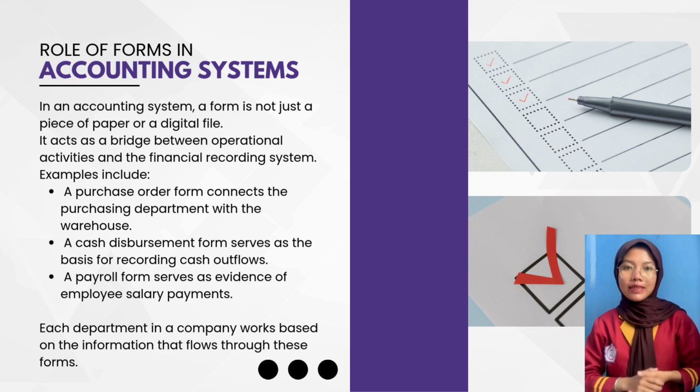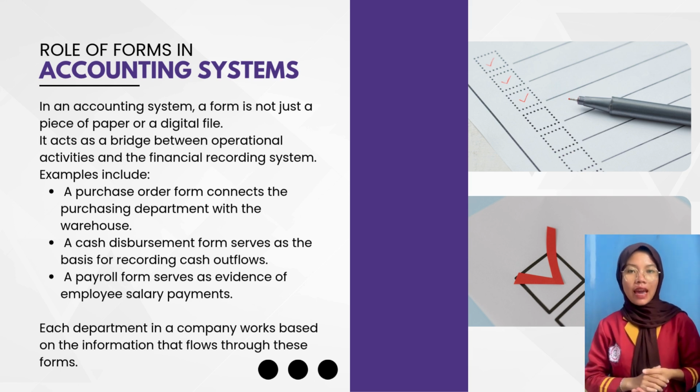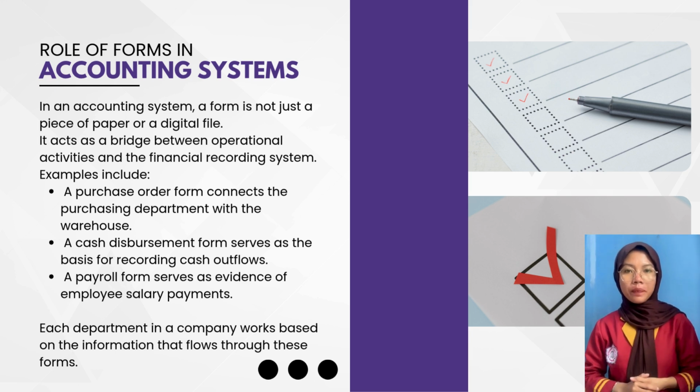In an accounting system, forms are more than just sheets of paper or digital files. They act as a bridge between operational activities and financial recording. For instance, a purchase order form connects the purchasing department and the warehouse.